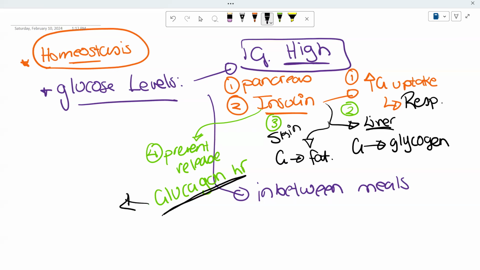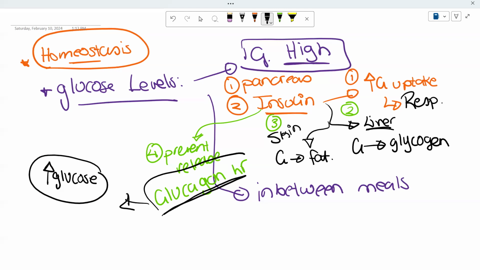Its function is to increase the glucose in the blood. Now, is this something that we want? Do we want to increase the glucose further? It is already high. I don't want the glucose to increase. I'm doing my best to lower the glucose. So we will lower the levels of the glucagon hormone to prevent the further increase in glucose. And this is an example of homeostasis by negative feedback.